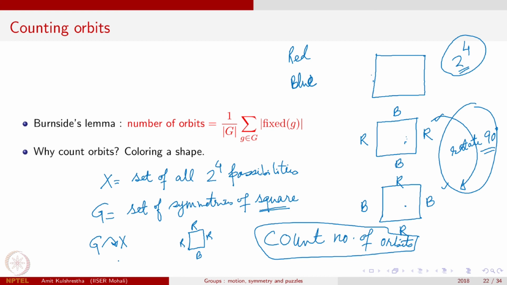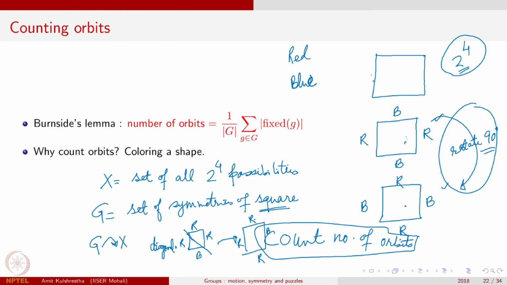Okay. So, suppose this symmetry is something like flipping across one of the diagonals, say this diagonal, then this possibility goes to what? When you flip about this diagonal, B goes here, R comes here, R comes here, and R comes here.